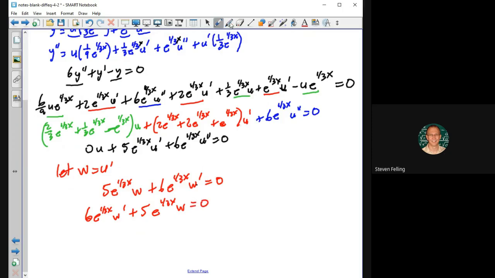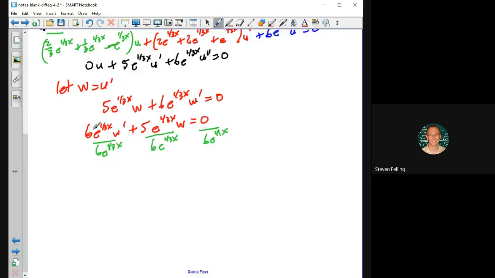And so if I then divide everything by this leading term, 6e to the 1/3 x, we're dividing the entire equation. Then I get this cancels and gives me w prime. These cancel, and so I end up with just a constant here, 5/6 w equals 0.